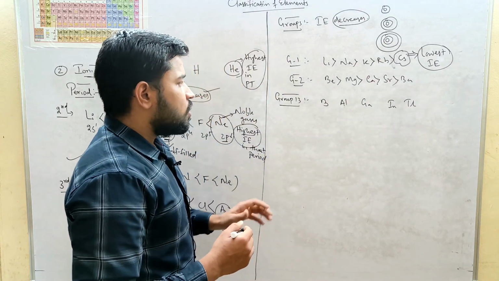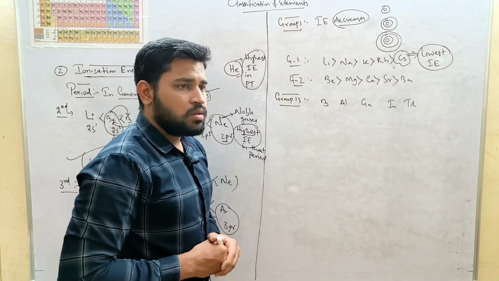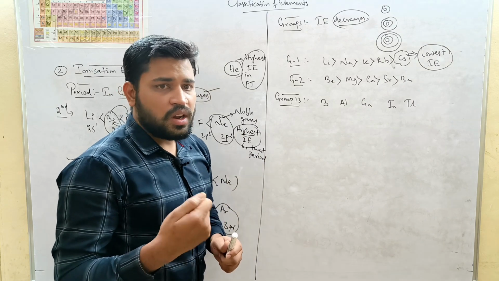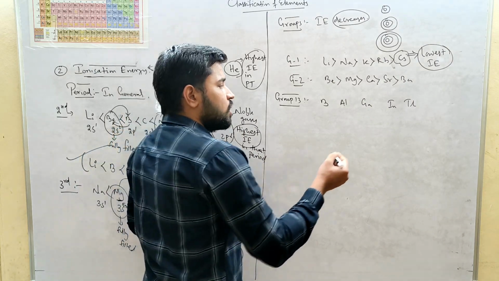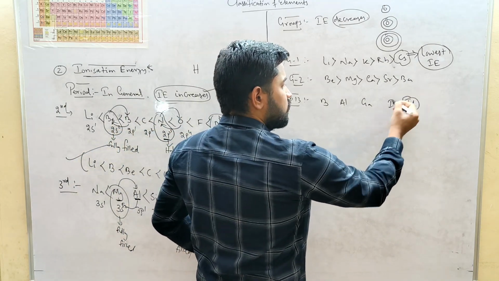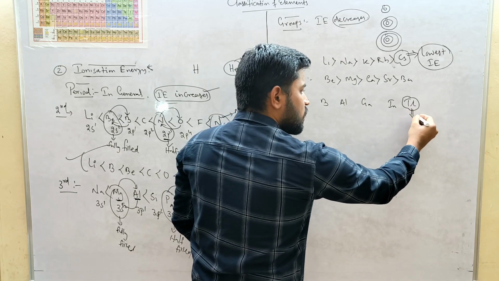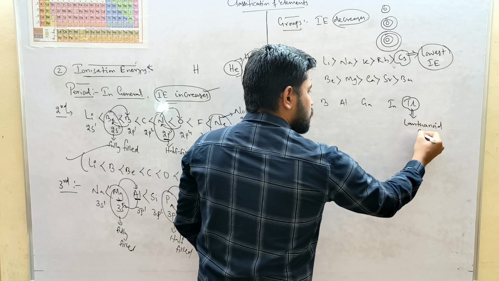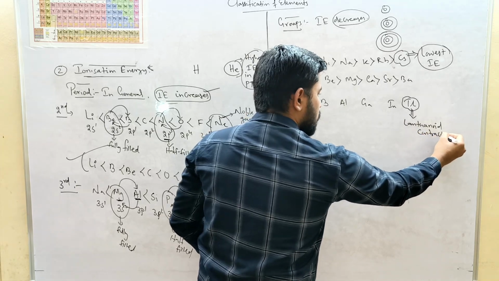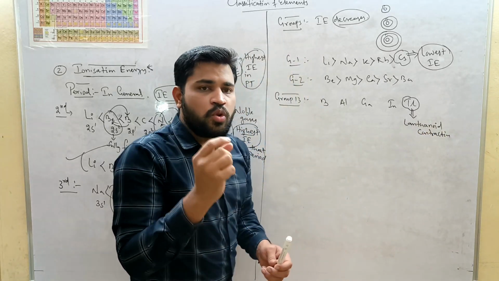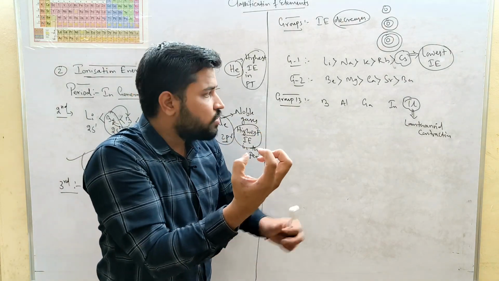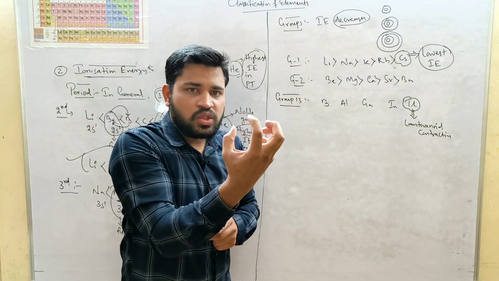In this case, when you see the ionization energy, there will be a difference in their ionization energies. When it comes to thallium, it will undergo lanthanoid contraction. Due to lanthanoid contraction, by poor screening effect of 4f electrons, the size of thallium is decreasing so much.